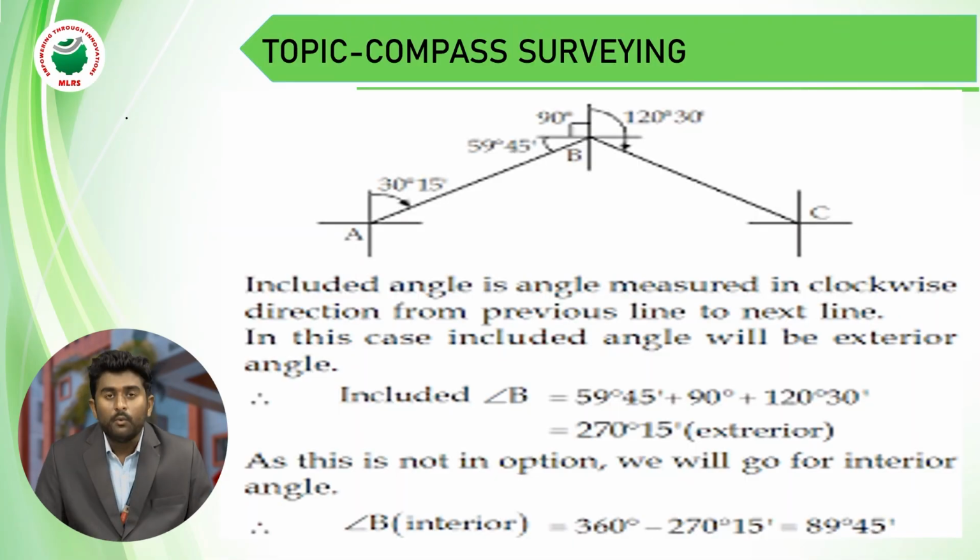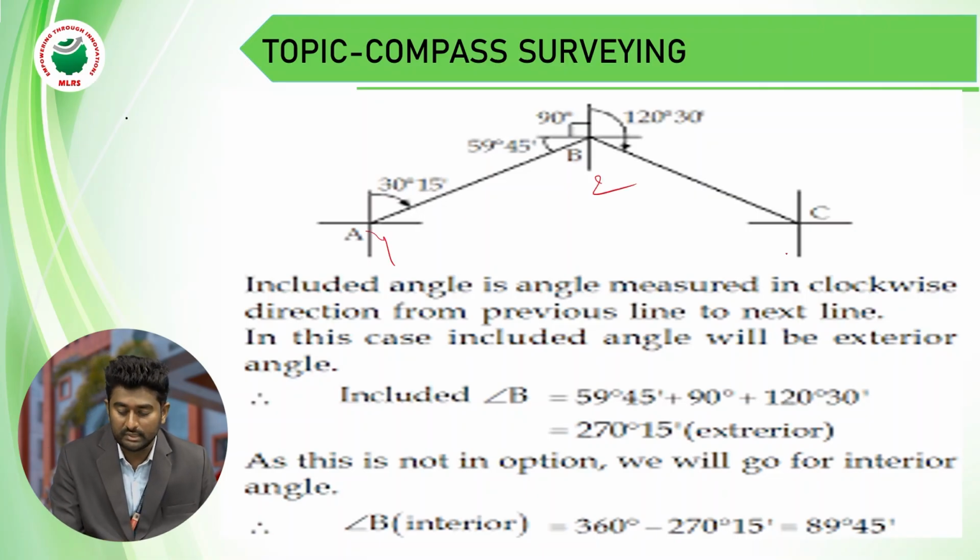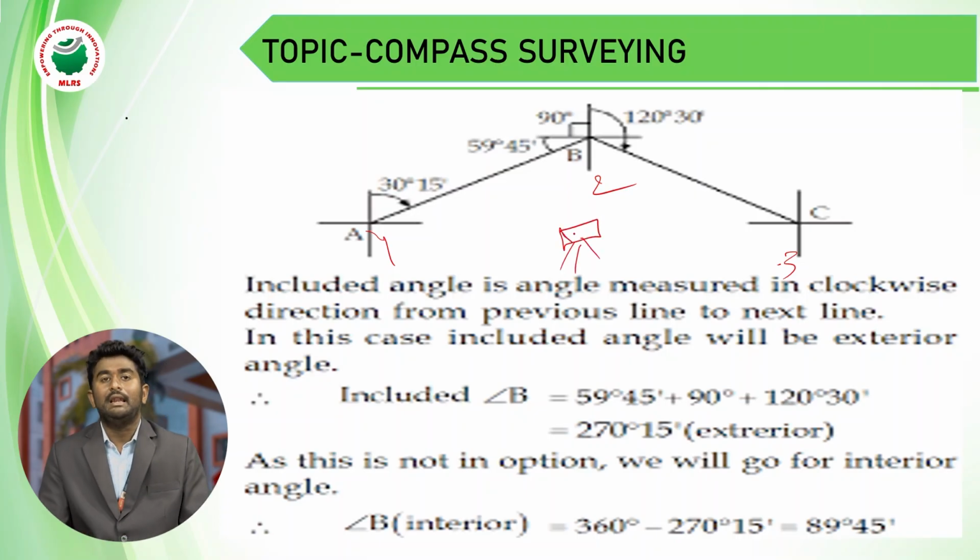Next, how do we find the included angles on the ground? For example, there is a pond and you have to measure the distance and area of that type of land. You can plot all the surroundings by fixing ranging rods, identifying the ranging rods 1, 2, 3, and fixing the instrument at the center point of the land.